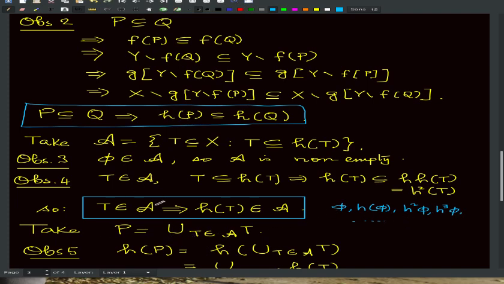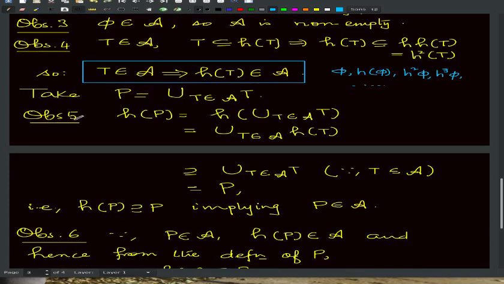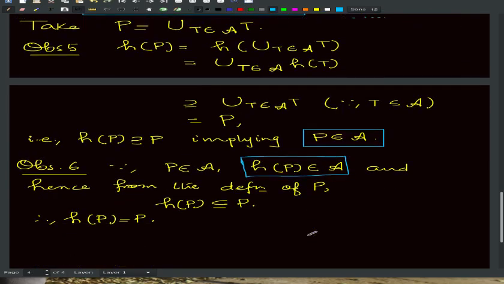That means I take the union of all these members like this. And then the fact says that P is in A. Now if P is in A, this one then tells you H(P) is also in A. So H(P) is bigger and it is also in A. But P is the union of everything in script A. So H(P) must be smaller than this.